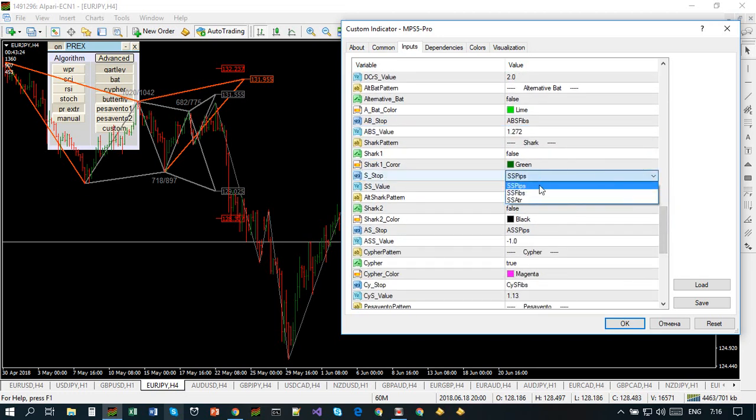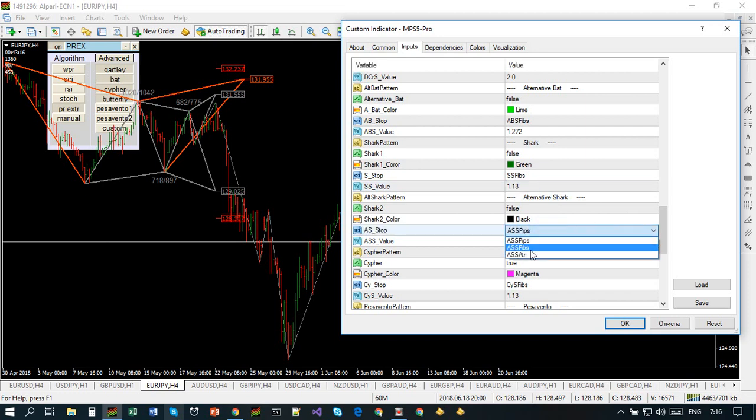For shark 1, if it is completed at 886, it should be 113, and if it completes at 113, it should be 127.2. 113 is completion. 1414 here and 1414 here as well.